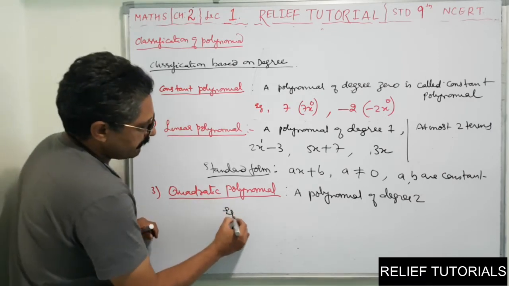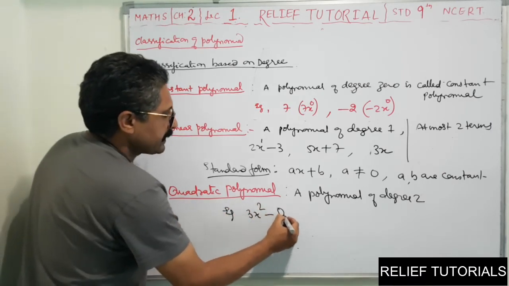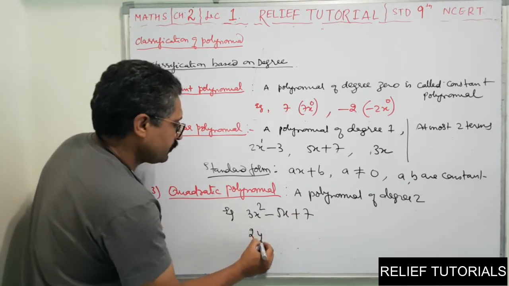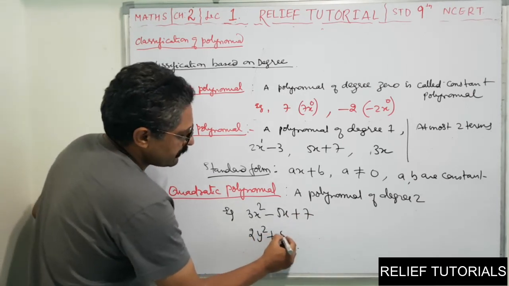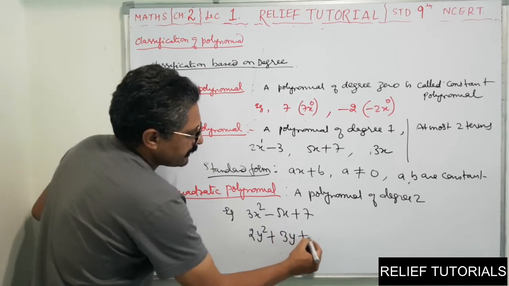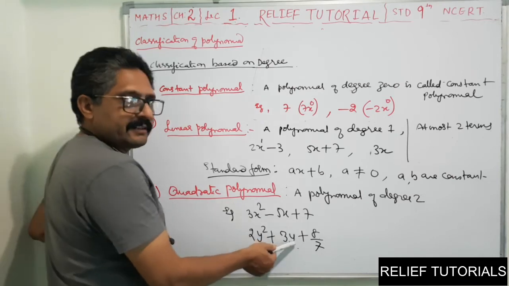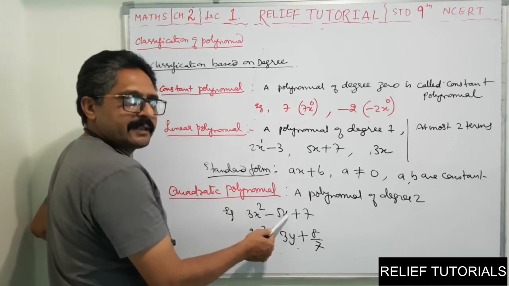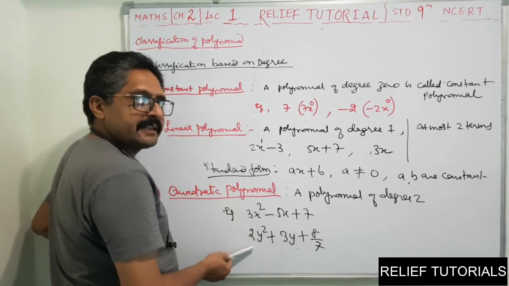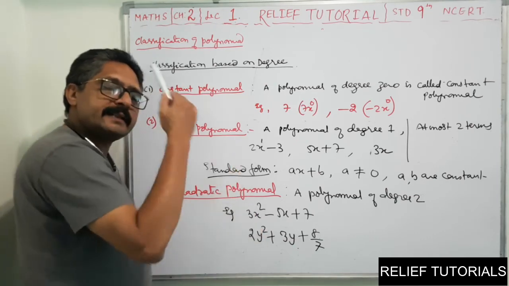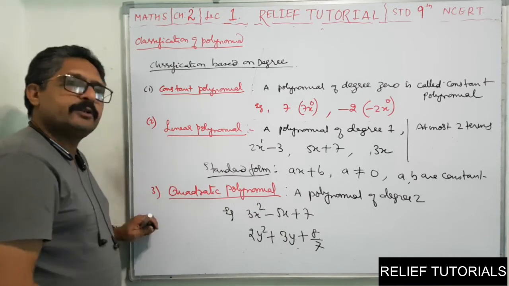Example, we will see 3x square minus 5x plus 7, or I can write 2y square plus 3y plus 8 by 7. This is a polynomial in variable y, this is a polynomial in variable x. Both are polynomials in one variable only, but you have to look at the highest power. Highest power is 2, so it is a quadratic polynomial.